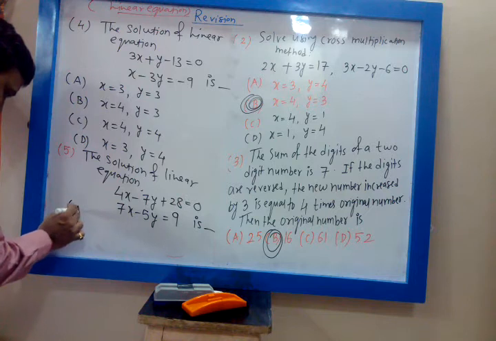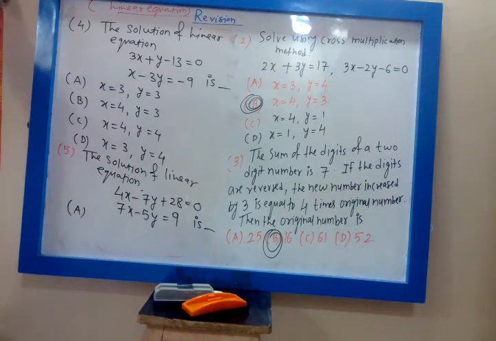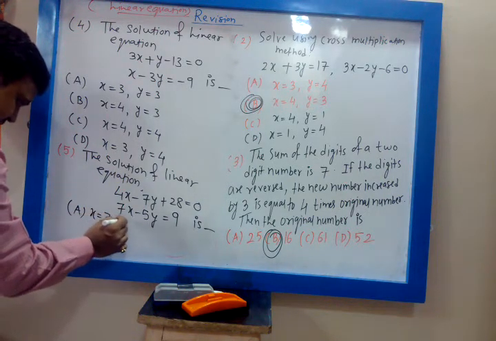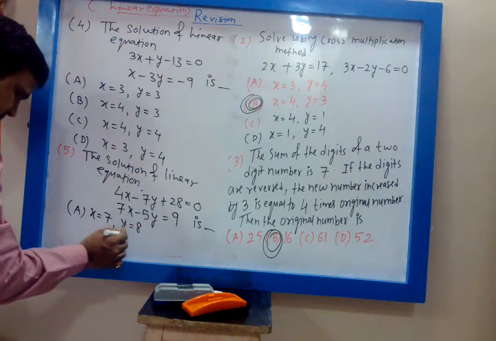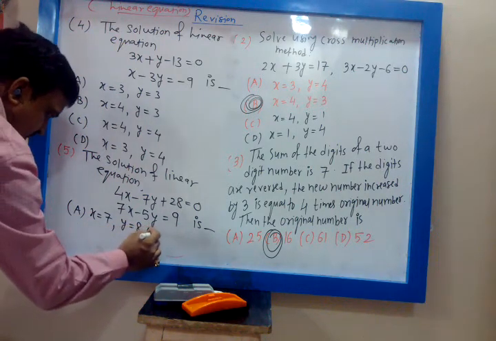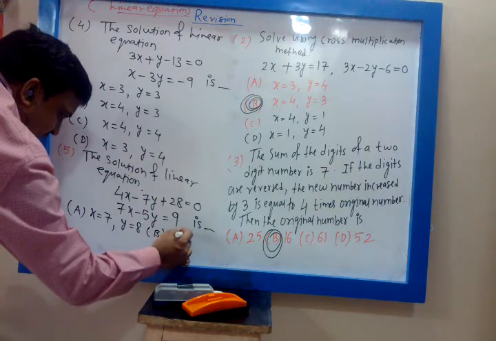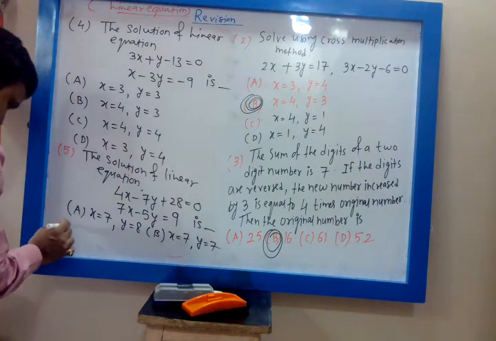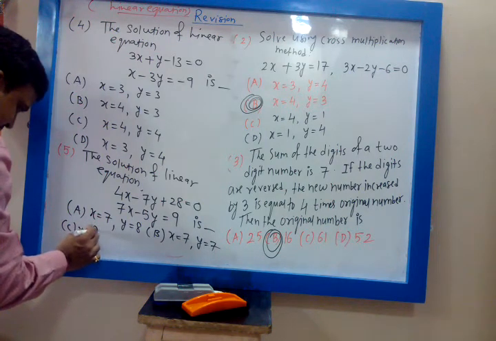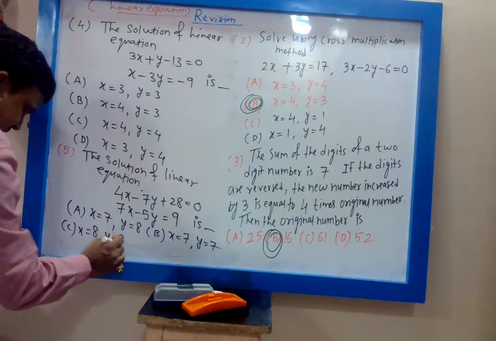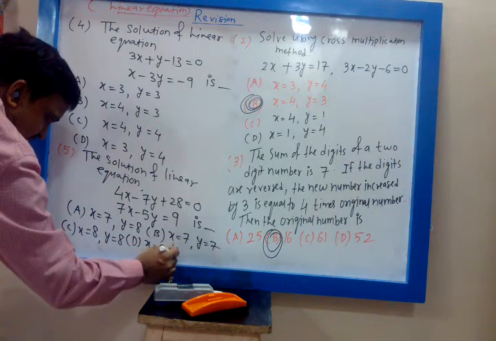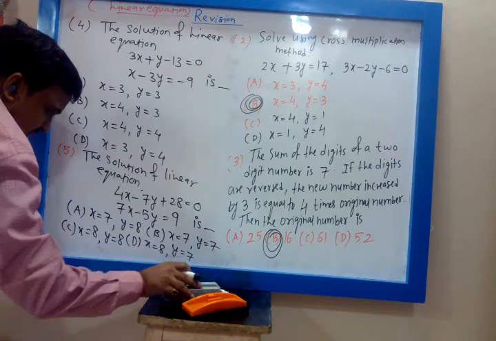Option A is x is 7, y is 8. Option B, x is 7, y is 7. Option C, x is 8, y is 8. Option D, x is 8, y is 7. Chalo, do it.